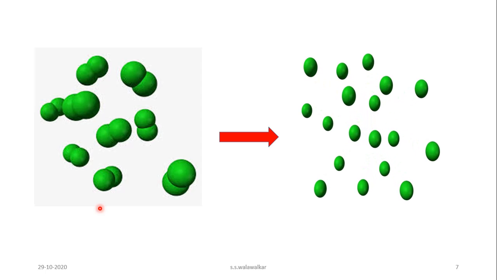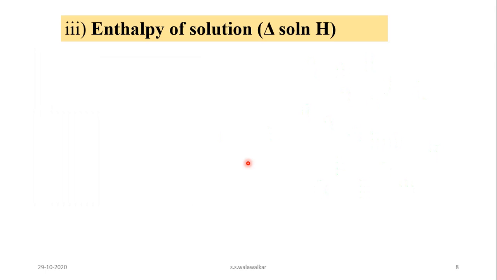Suppose this is the chlorine molecule, then the energy required to separate these chlorine atoms is known as the enthalpy of atomization.